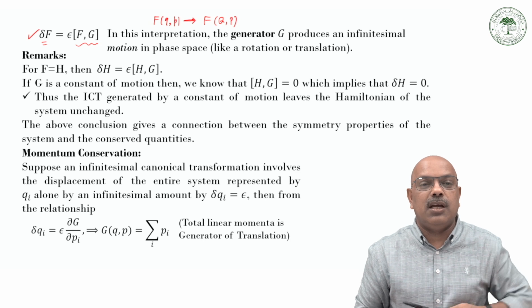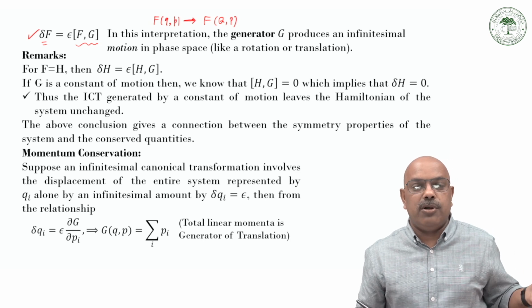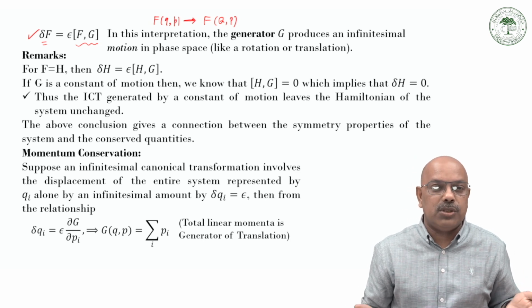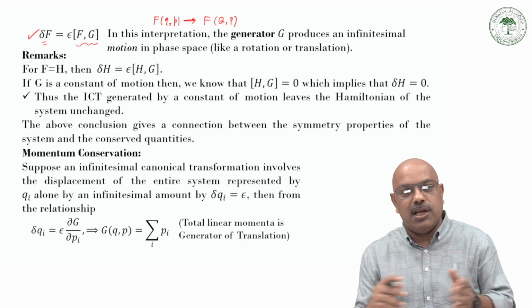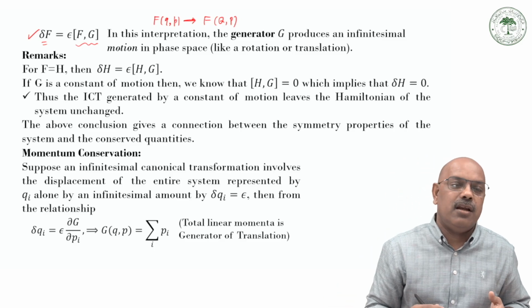So in this interpretation, the generator G produces basically the infinitesimal motion in phase space, and that could be the translation as well as the rotation.